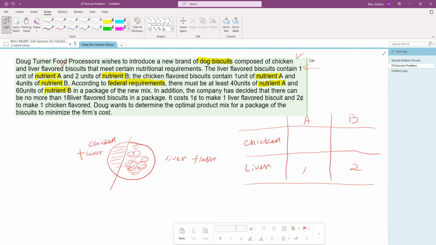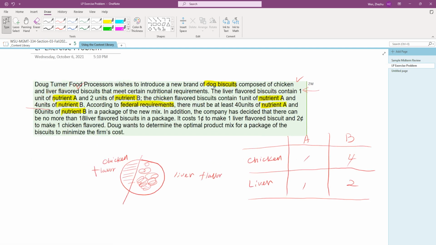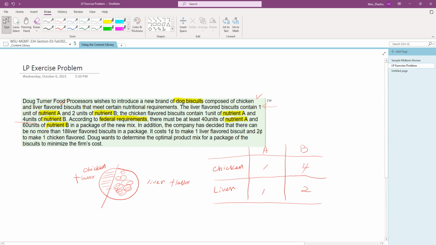And number two, a chicken flavored biscuit contains 1 unit of nutrient A and 4 units of nutrient B. So this is their composition of nutrients.